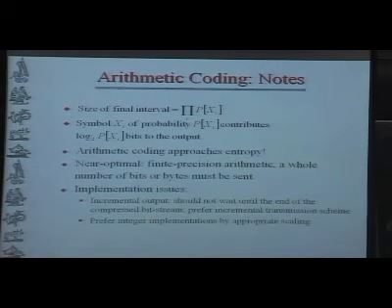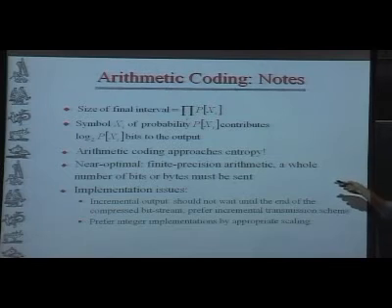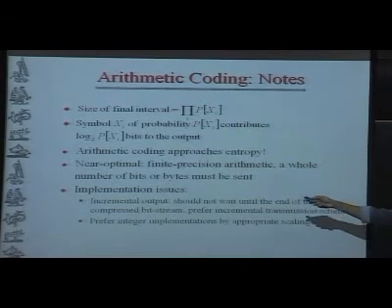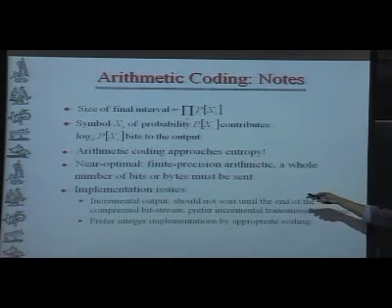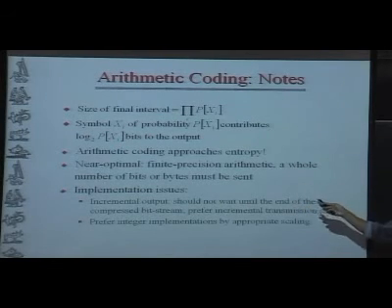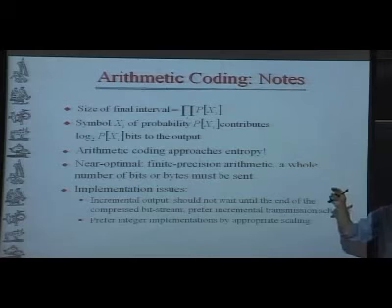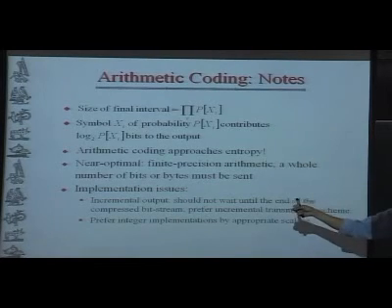That is very important because from here we can see that each symbol with probability P of X contributes log base 2 of P of Xi to the output. With much larger intervals, we have the freedom to pick a nice binary number to transmit to the other side, so we don't need to spend a lot of bits to describe it.